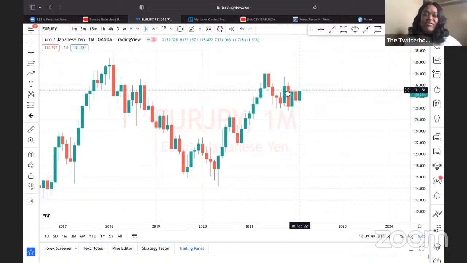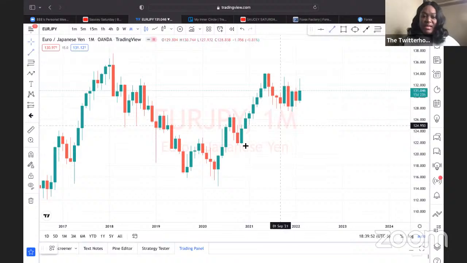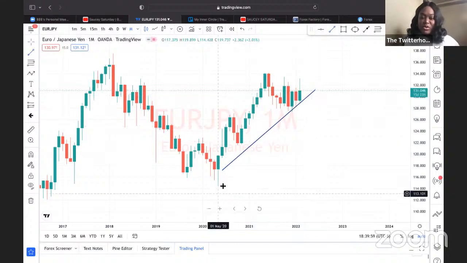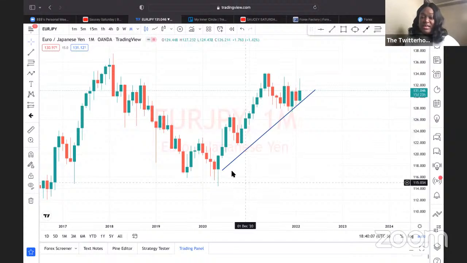So looking from the monthly time frame, Euro JPY is in an uptrend. You see that, right? It's been going up since 2020. It's 2020, 2021, we're in 2022. It's been in an uptrend this whole time.